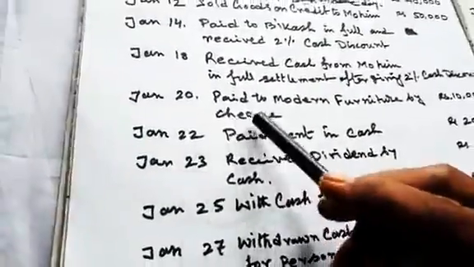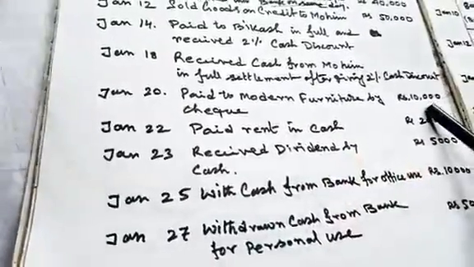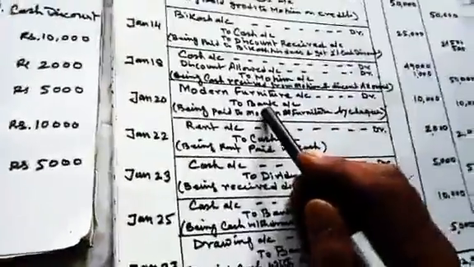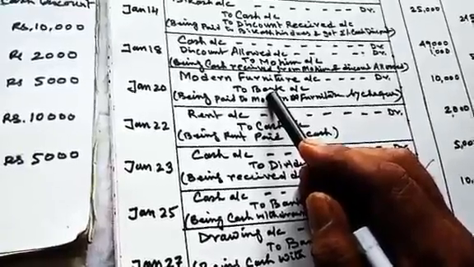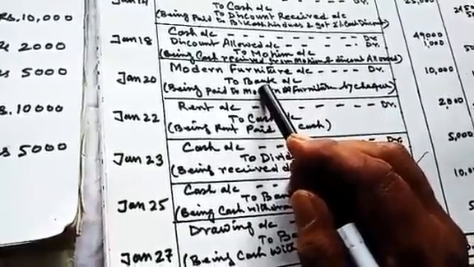Now see our next transaction, January 20. Paid to Modern Furniture by check rupees 10,000. There was a due to Modern Furniture for purchase of furniture at 10,000, which we have seen in our earlier transaction.